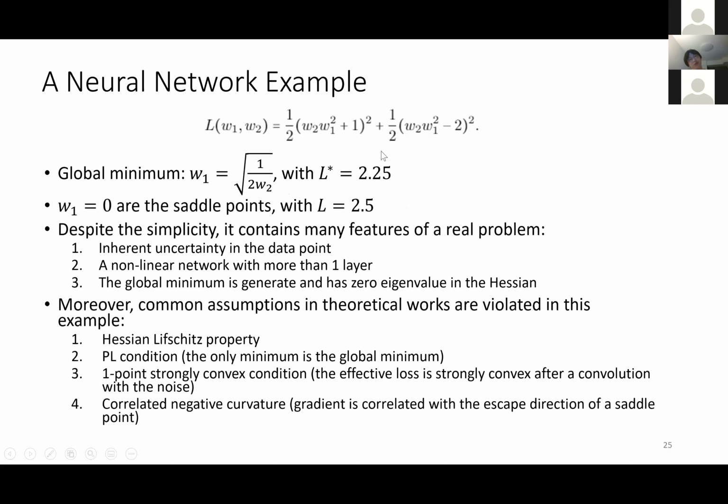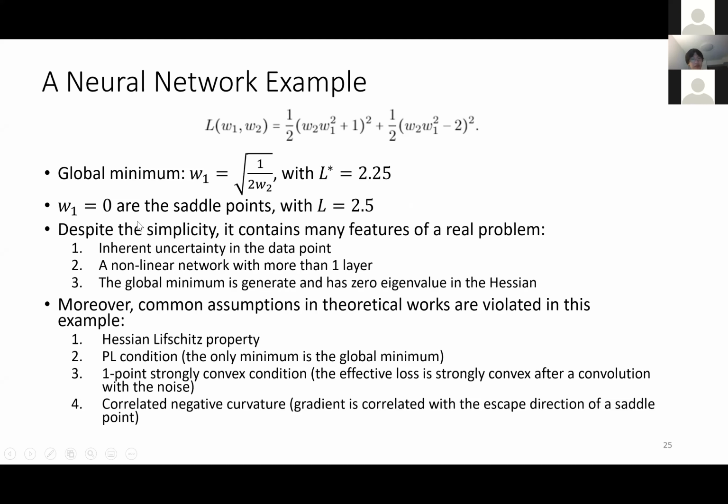One additional advantage of this example is that you can find the global minimum and maximum easily and plot them. Here, the global minima are all the points that satisfy this relation with a loss of 2.25, and W1 equal to 0 are all the saddle points with L equal to 2.5.